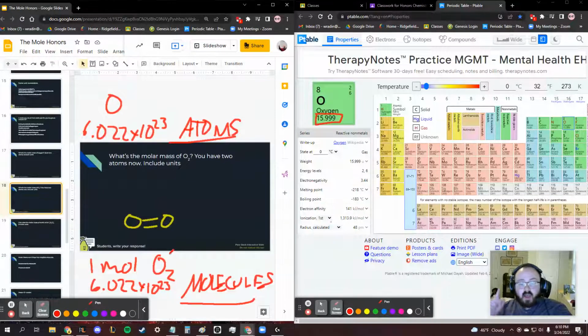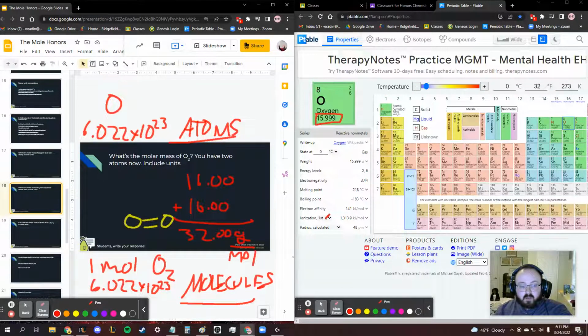So if we were just to have 1 molecule of oxygen, we have 2 atoms of oxygen. We have 16.00, that's 1 atom, plus 16.00, and we get 32.00. Now this would be in Daltons, but because we have a mole, we're going to use that unit, grams per mole.